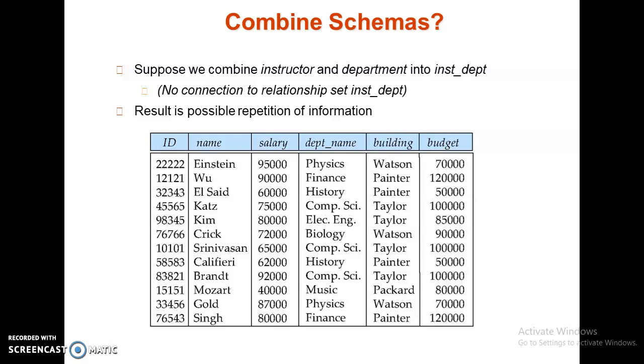Let's take up an example of an employee table. Let's assume that we have two columns: one is rating and the other one is salary. Based on the rating, the salary is fixed. Let's say for rating level 8, the salary is 50,000. For rating level 9, the salary is 1 lakh.